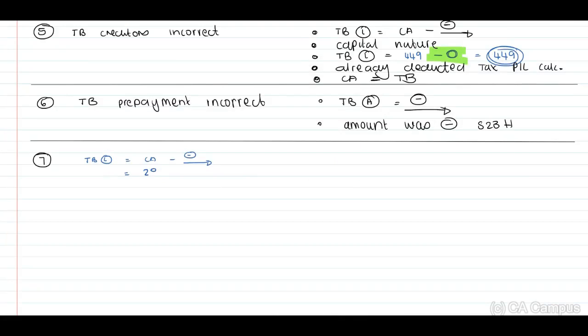Therefore, 2889 minus the amount that will be deductible in future. Therefore, this 2889 will be deducted in future, and our tax base should be 0.